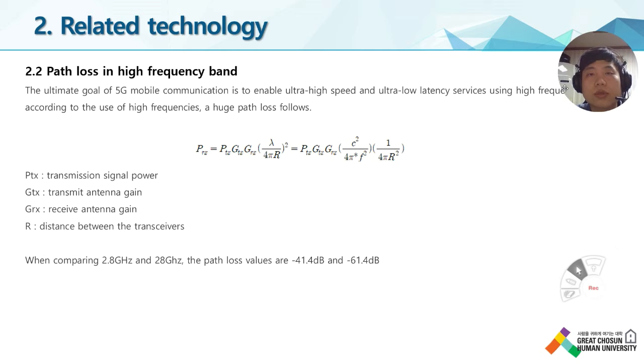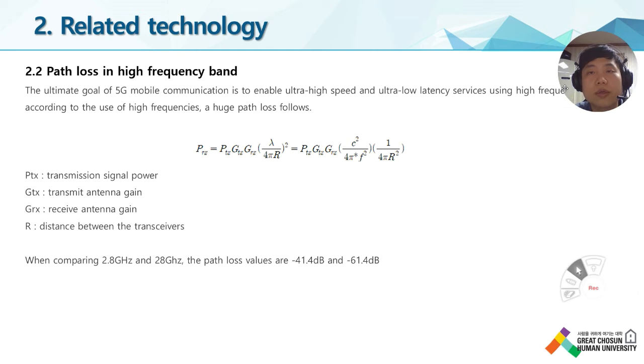Path loss is typically expressed as the received signal power PRX in the following expression, which is scaled by the frequency for the transmitting signal power PTX. GTX is the transmit antenna gain, GRX is the receive antenna gain, and R is the distance between the transmitters.